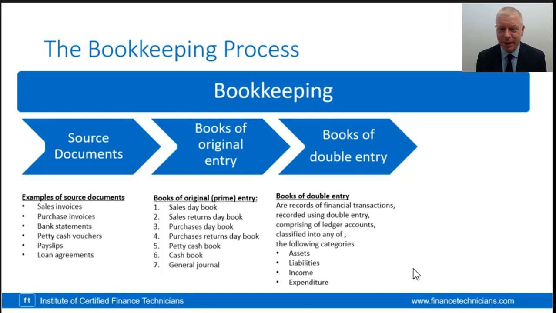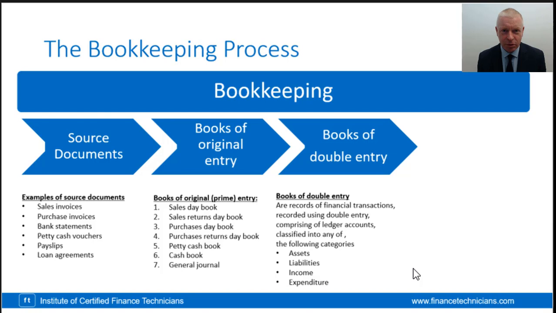So in one respect, it makes things a little bit easier for you if you take on board that there are only 4 categories into which these accounts fall. And those are assets, liabilities, income, and expenditure. And we'll see how that plays out later on when we look at individual transactions. Can you distinguish which one goes into which category?